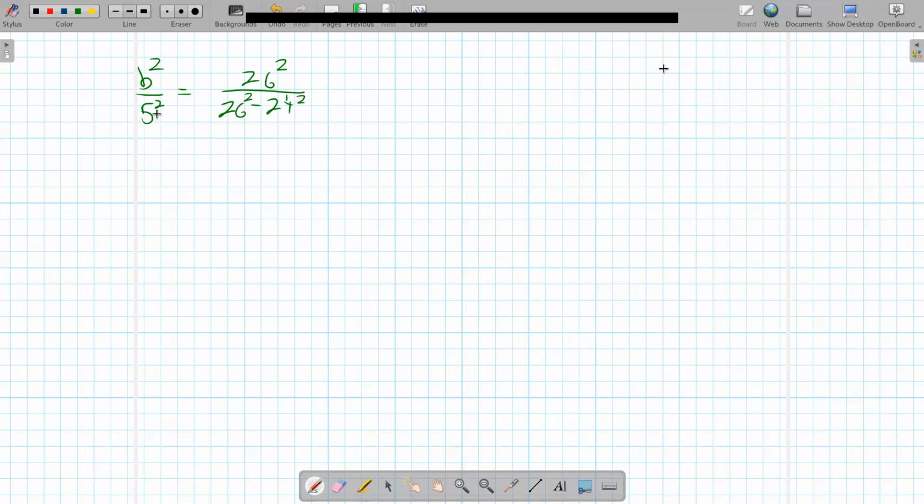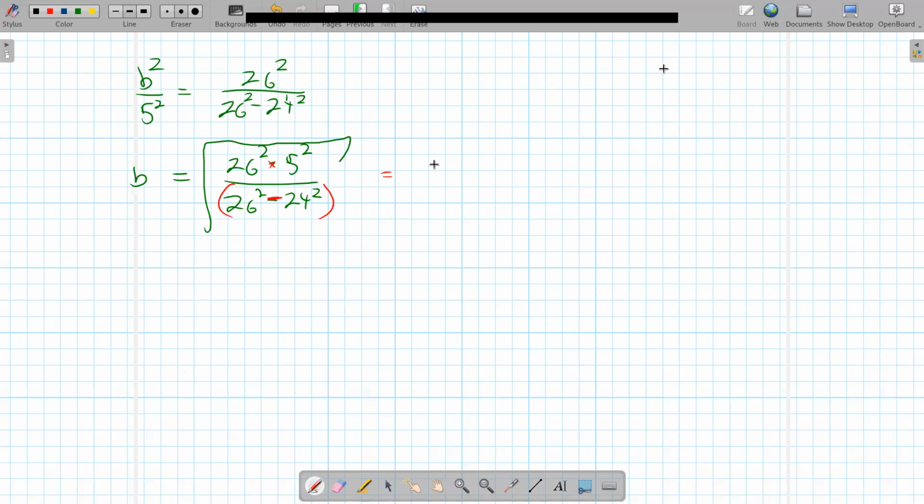So we can multiply the 5 up and then take the square root. So 26 squared times 5 squared over 26 squared minus 24 squared. And if we want b, we just take the square root of all of that. And all of those squares do not cancel. Order of operations stands in the way of our denominator because of the subtraction there. So I can clean up the numerator a bit, but not the denominator. Since that's a multiply, that works well with square roots.